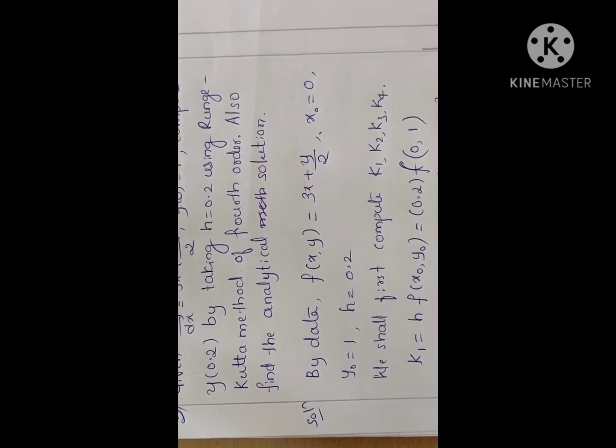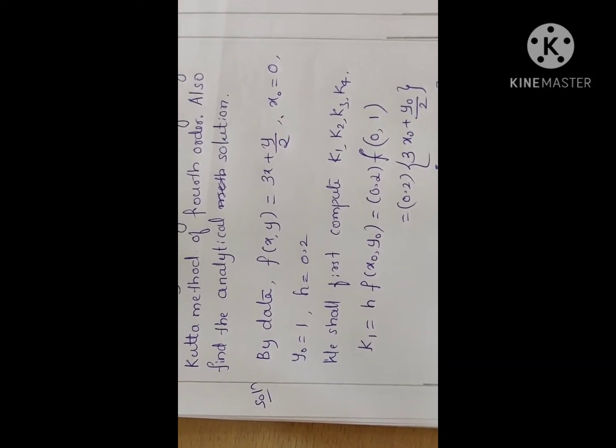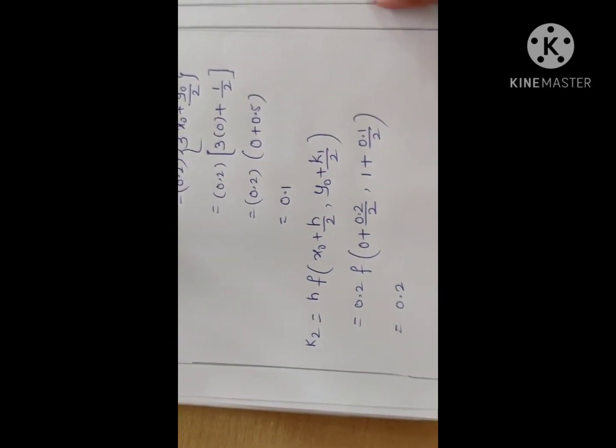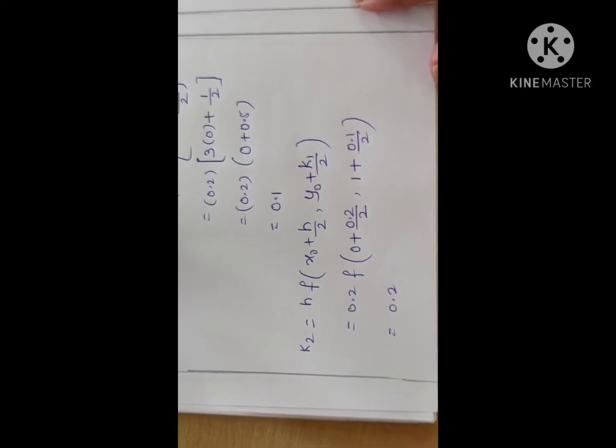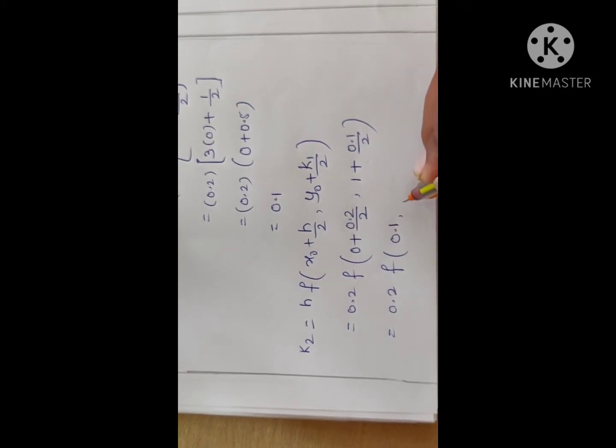So 0.2 into f of 0.1, and 1 plus 0.1 by 2, that is 1.05. Now write it in the form of function.